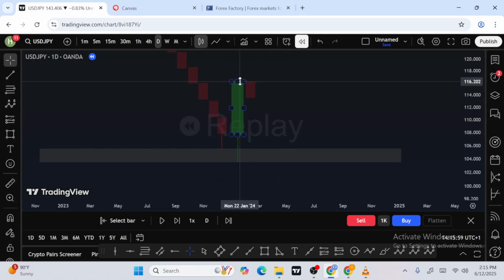Once you have a bullish engulfing bar, the market must go to the upside, because the psychology behind this is that the market has traded all the way down, and it has reversed because we get a bullish engulfing bar.